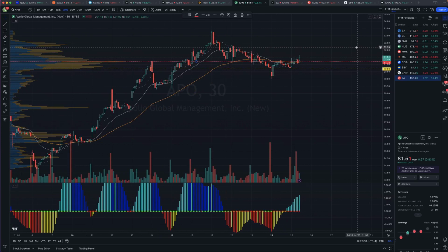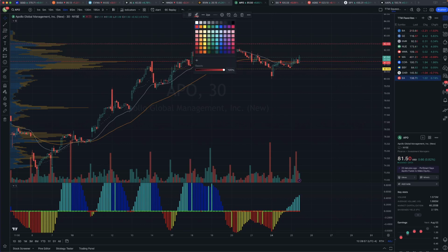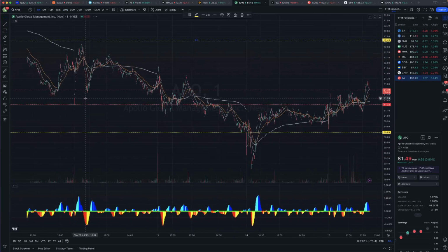And then you're probably going to see some upper end resistance kind of up in there at that VP level at 82.50 area. So then let's come into this.